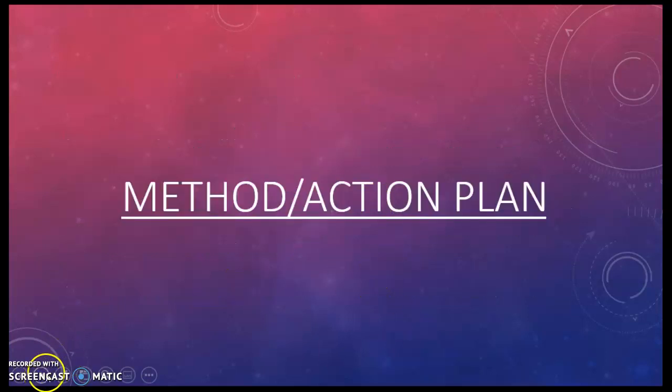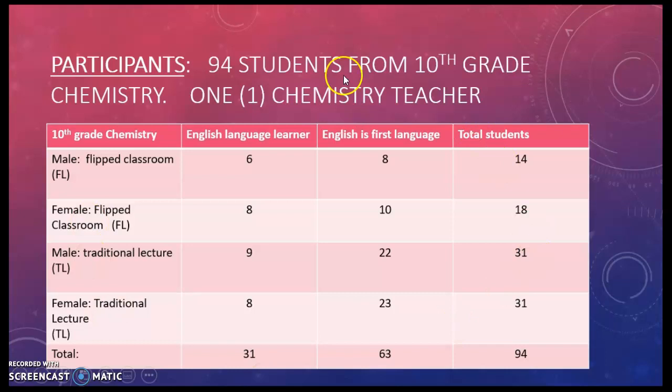Here we go, the method and action plan. So here's the general breakdown. I have 94 students. In the flipped classroom, which for me is period 2, I have a total of 14 English language learners.